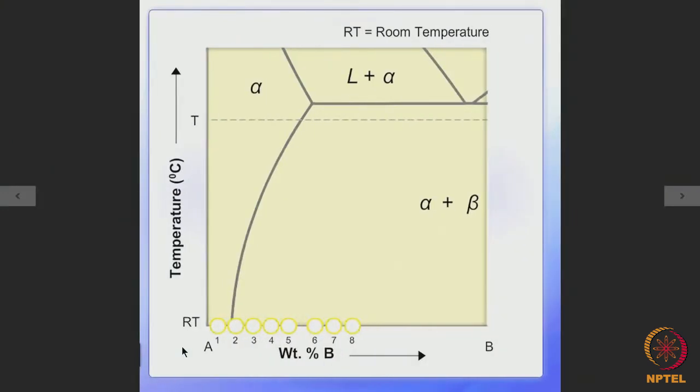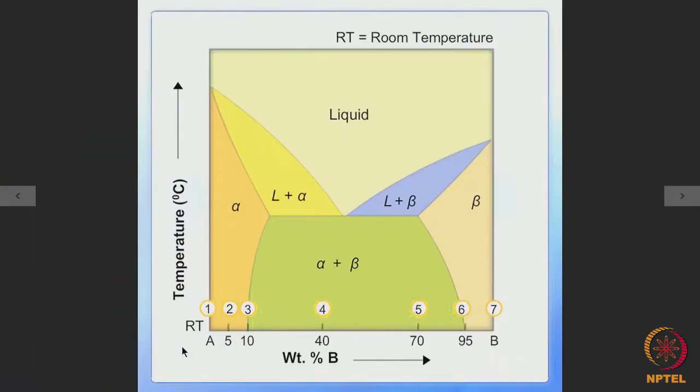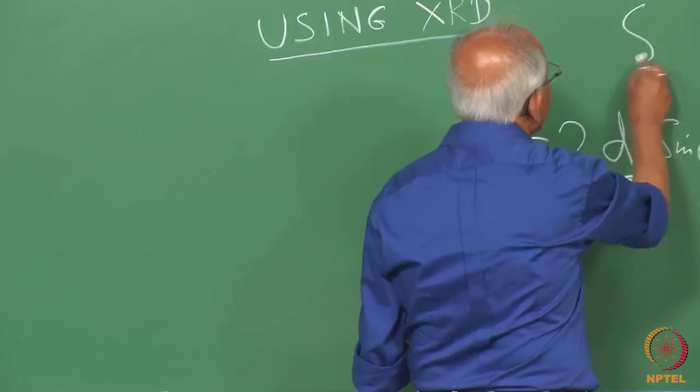Now if we go back to this diagram, we observe there are two important lines in the phase diagram. This is this and this. These are known as the solvus curves or solvus lines.